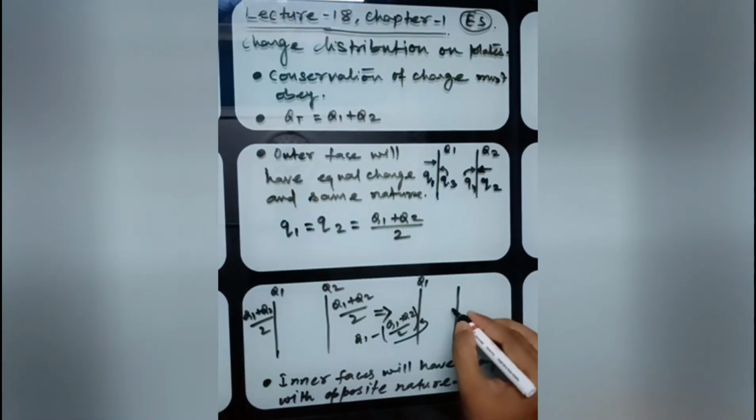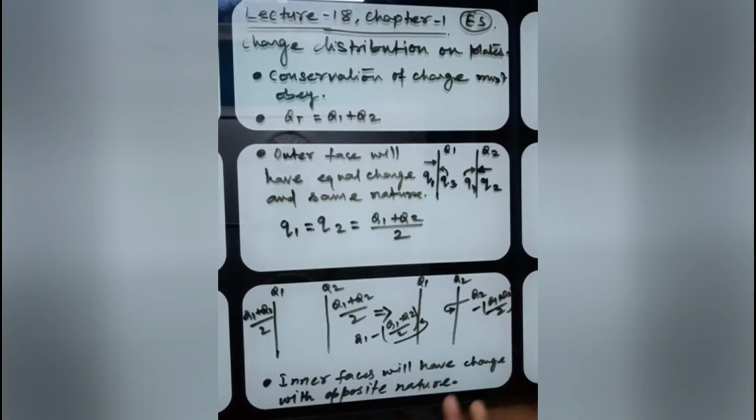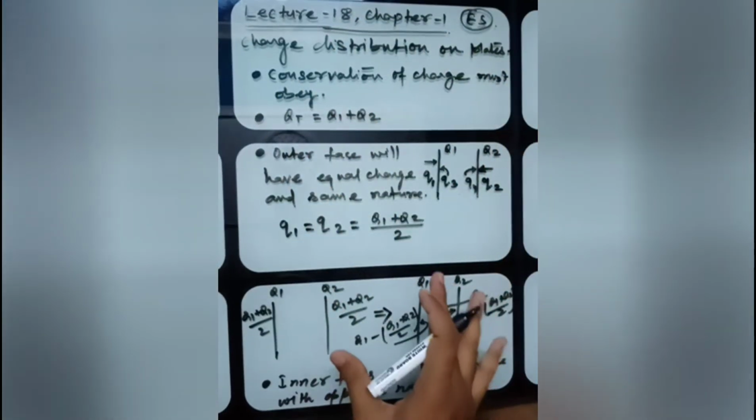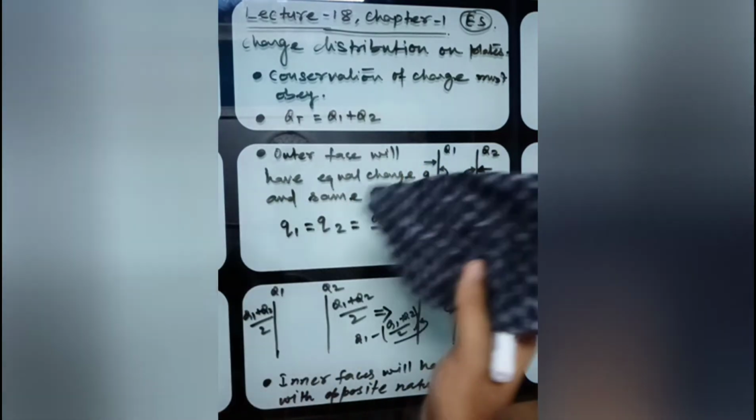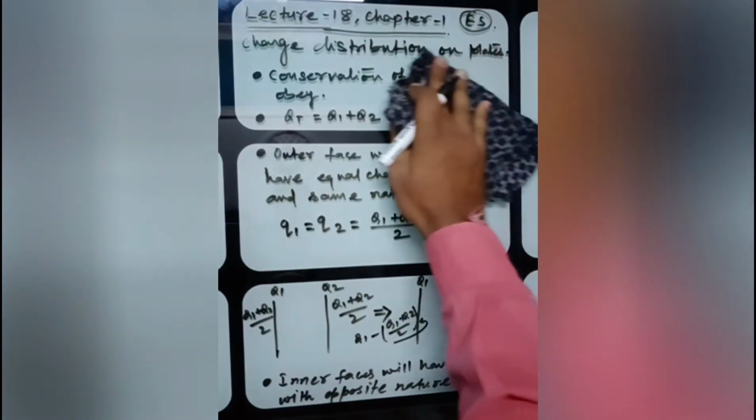And on this plate, if it was Q2, then the charge will be Q2 minus (Q1 plus Q2) by 2. Okay, finally we will have the charge. Kindly note down, these are the very important points. We will do a few questions and the concept will be more crystal clear.